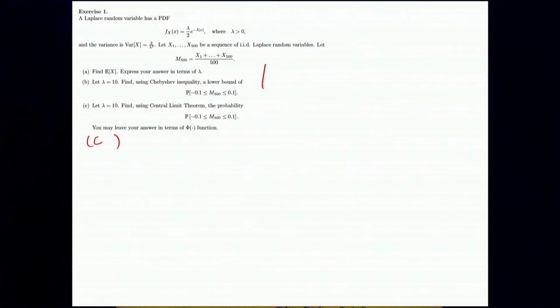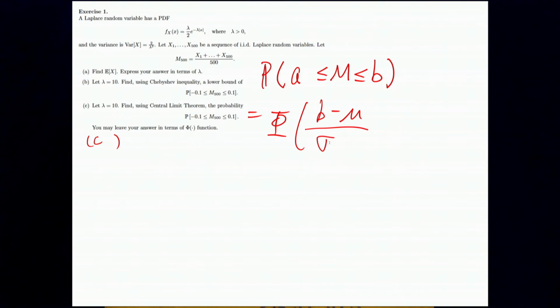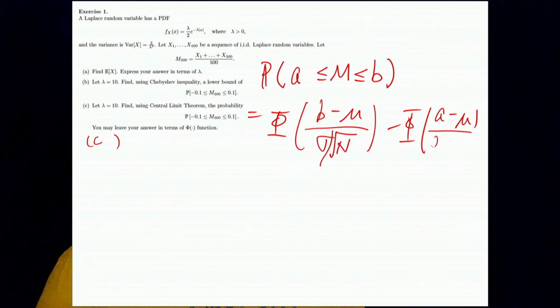Okay, so we know if a is less than M less than b, the probability of this is actually the Gaussian function: Phi of (b minus mu) divided by sigma divided by square root of n, minus Phi of (a minus mu) divided by sigma divided by square root of n.